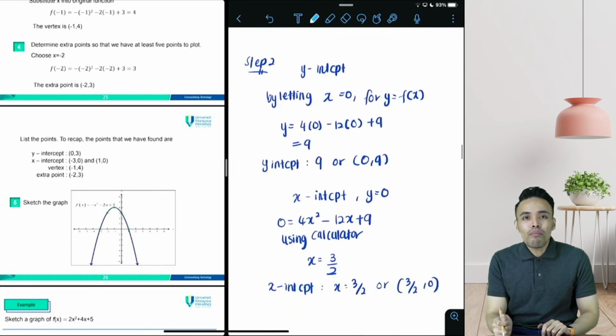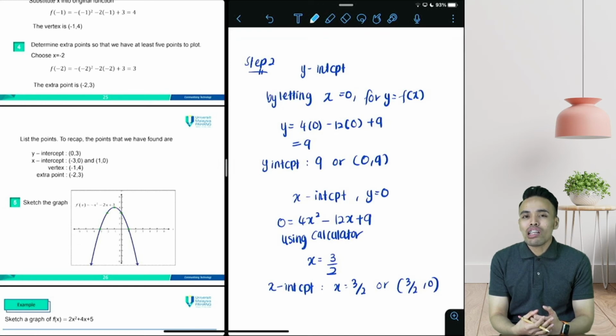In step 2, you have to determine the y-intercept, because you have to agree whether the parabola lies in the first, second, third, or fourth quadrant, or appears in two quadrants.